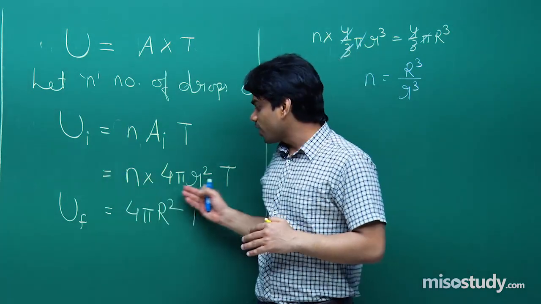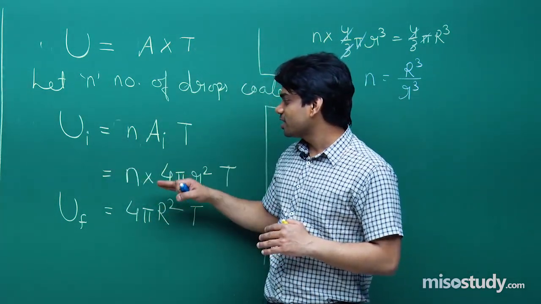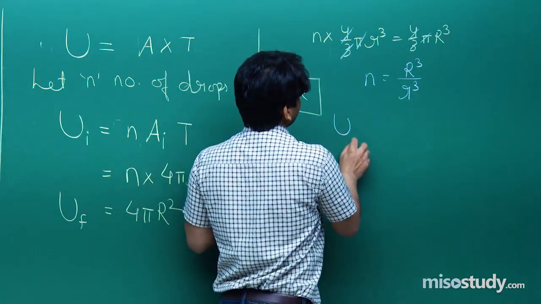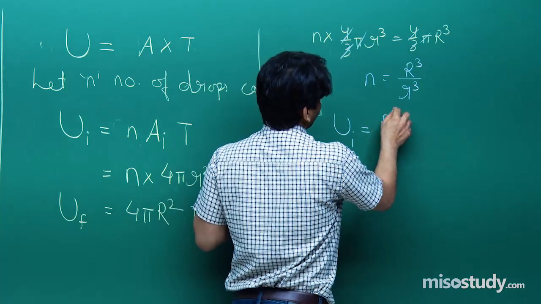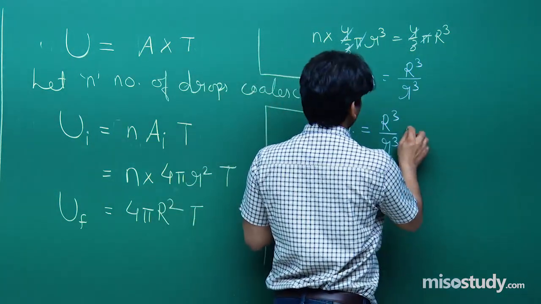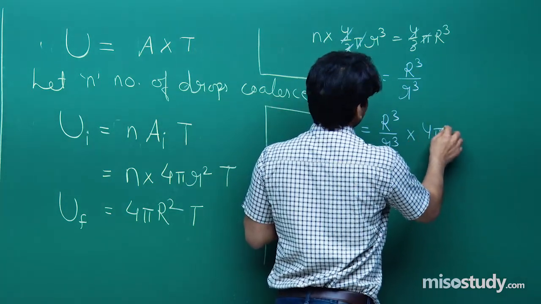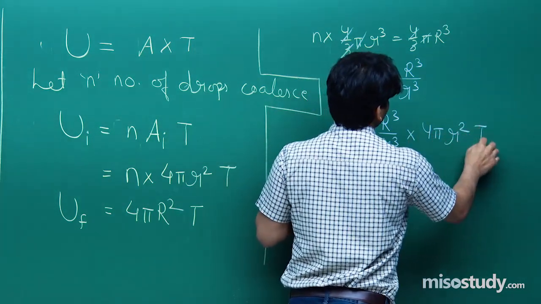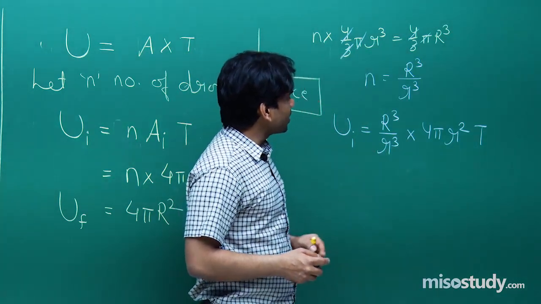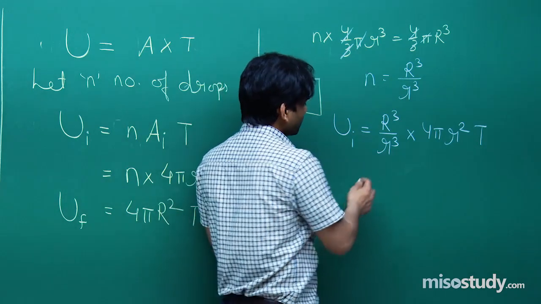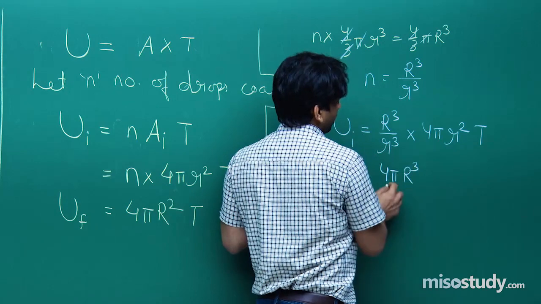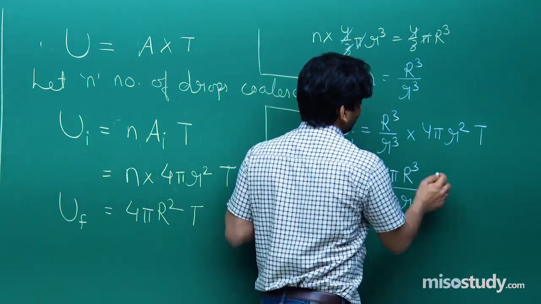Substitute the value of N here, and you will get initial surface energy as N into 4 pi r square T. So the initial potential energy will be R cube by r cube, and here you have 4 pi r square into T. Now you see some terms will be cancelled out, and you will be left with 4 pi R cube divided by r multiplied with T.